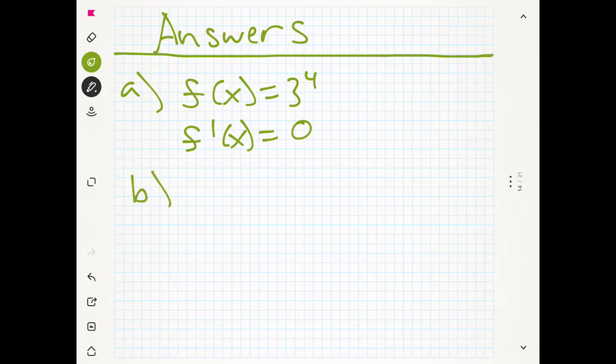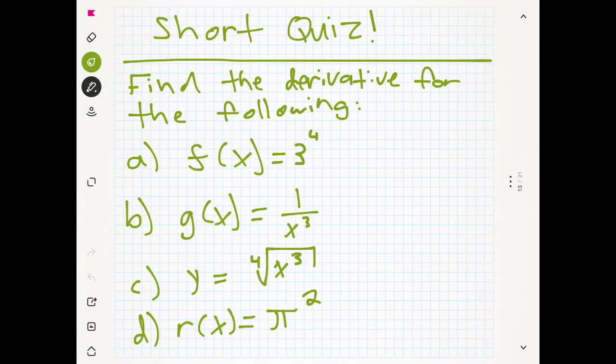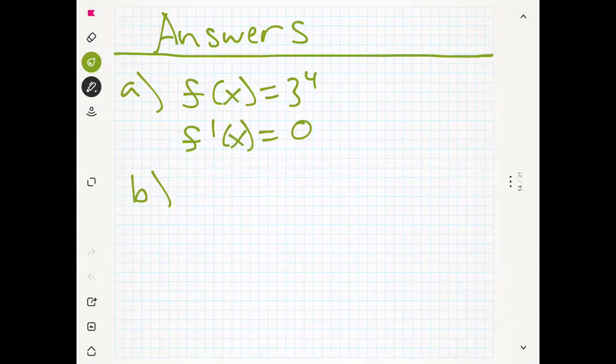Let's go on to B. G of x is equal to 1 over x to the power of 3. So this is the problem, and now let's solve it.